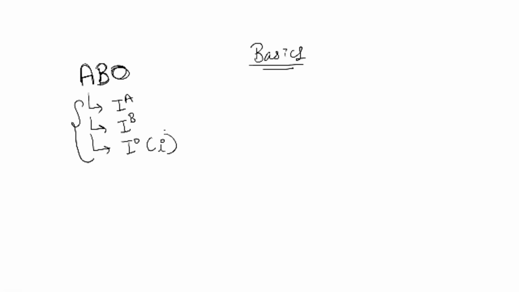Codominance, how? Because A and B both are dominant, and i is the only one which is recessive, which is responsible for blood group O.